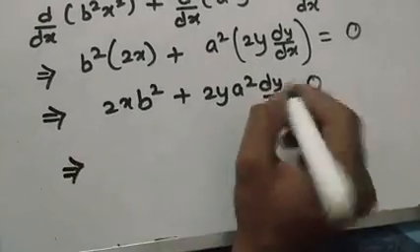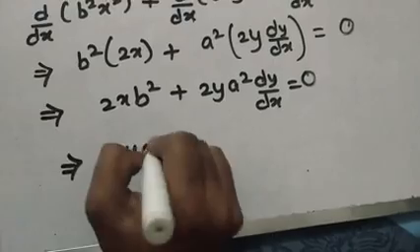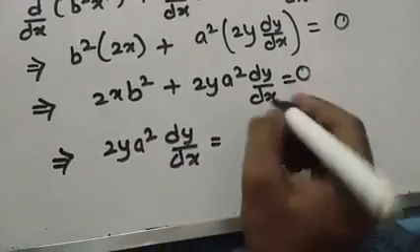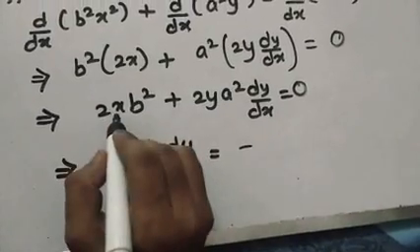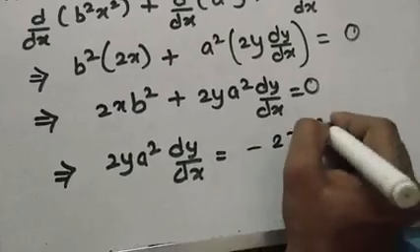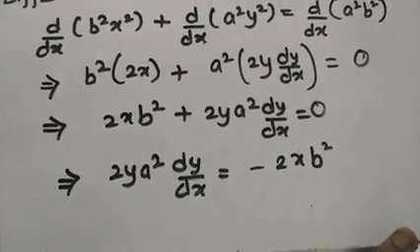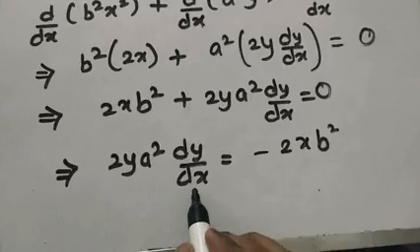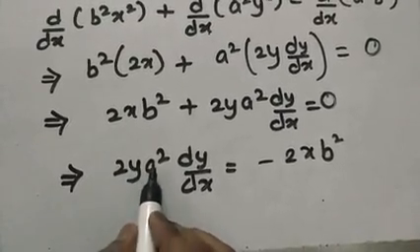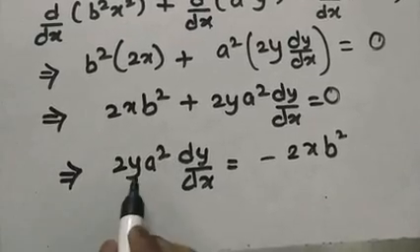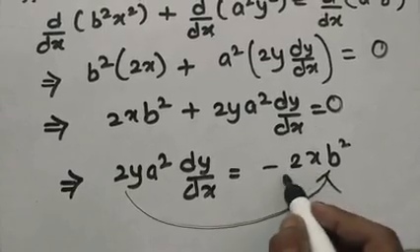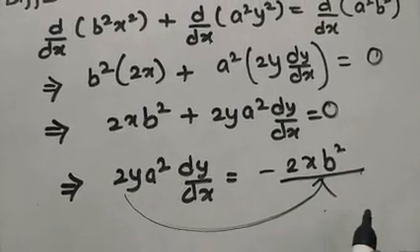We need our dy by dx term only, so 2y a square dy by dx equals to minus, if we take this term from this side to that side, minus 2x b square. So now what we need is this dy by dx. So for that, this 2y a square, which is in the form of multiplication, if it goes from this side to that side, it will come in division.